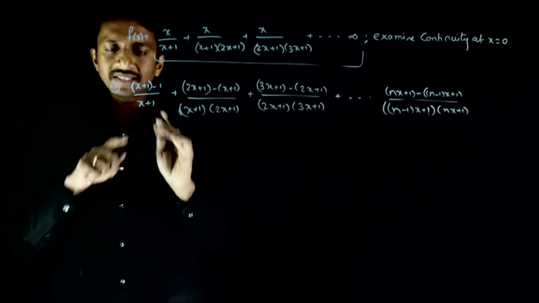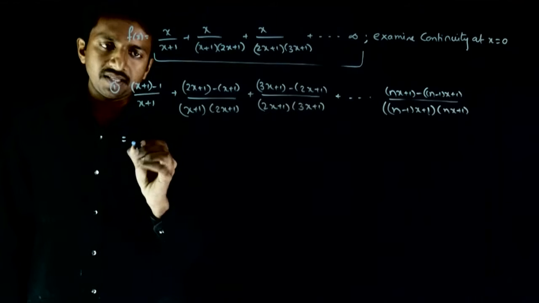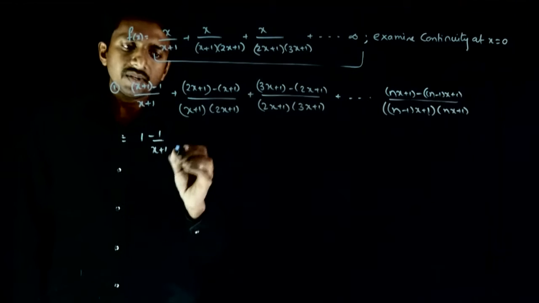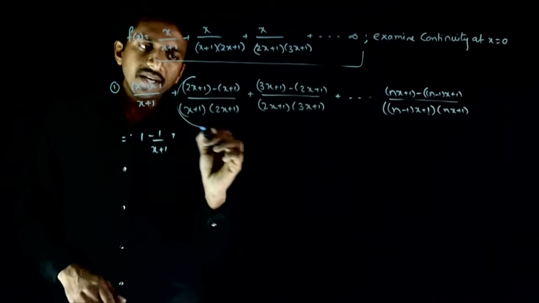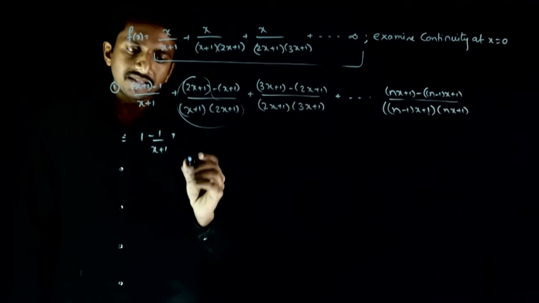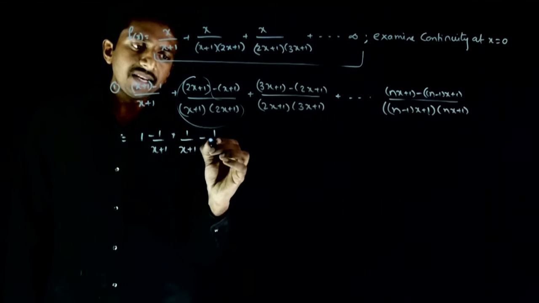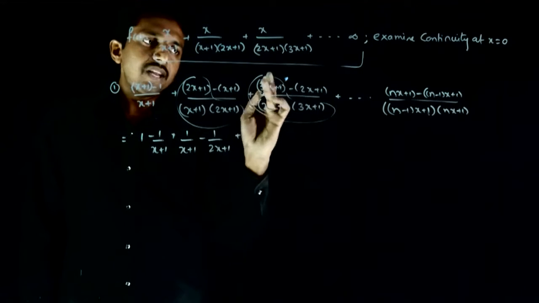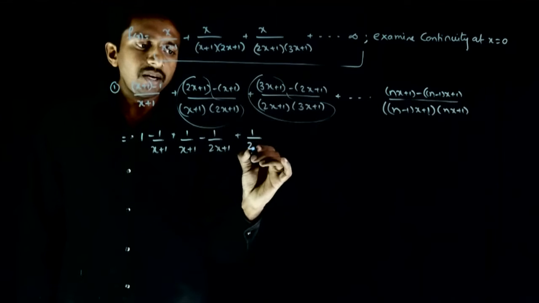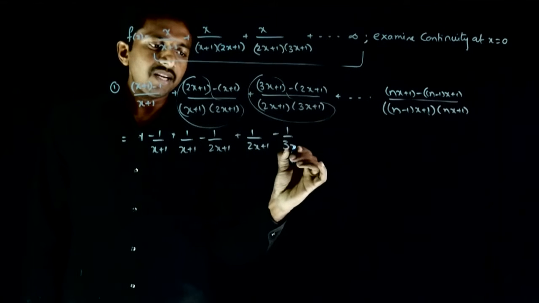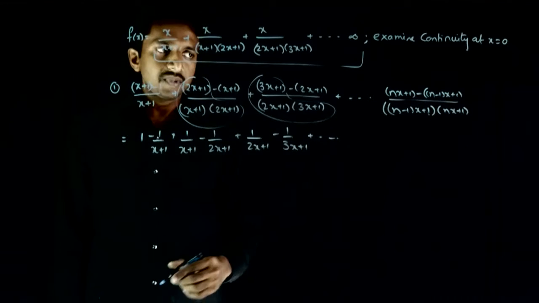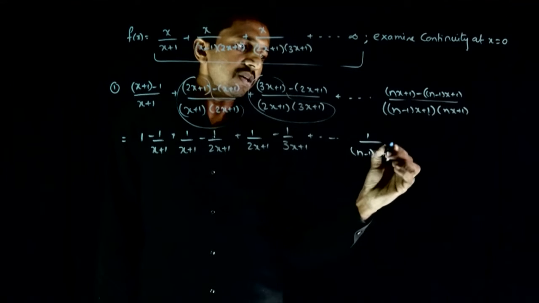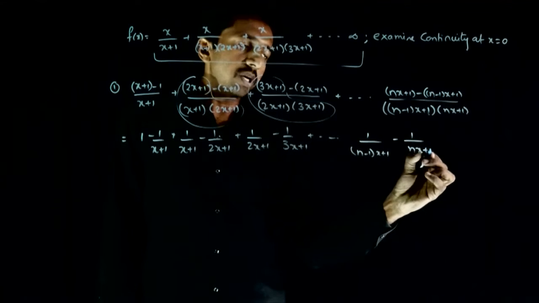Now I'll separate this into two terms. That is equal to x plus 1 by x plus 1 is 1 minus 1 by x plus 1, plus, when you separate it, 2x plus 1 and 2x plus 1 are getting cancelled. We get 1 by x plus 1 minus 1 by 2x plus 1, plus, separating this term, 3x plus 1 gets cancelled, getting 1 by 2x plus 1 minus 1 by 3x plus 1, plus so on. The last term is 1 by n minus 1 into x plus 1 minus 1 by nx plus 1.